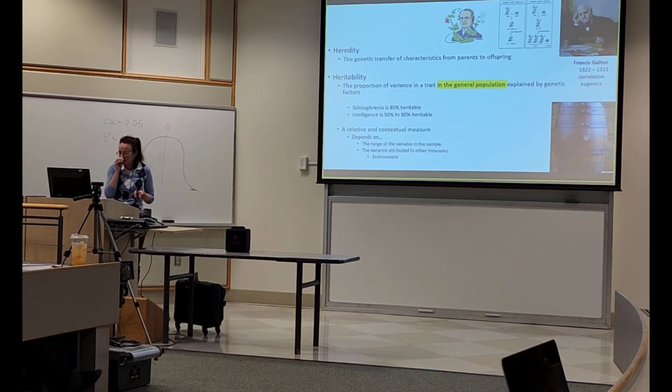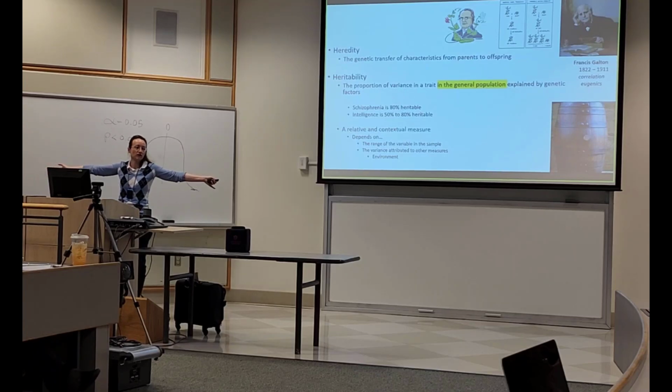Heritability is a relative and contextual measure, and it reflects factors in the design of a study. So it depends on the range of the variables that you measure, or that are in your sample. If I measured the heritability of intelligence, but I used this class as a study sample, then I'm not working with a whole range of IQ scores in the population, right?